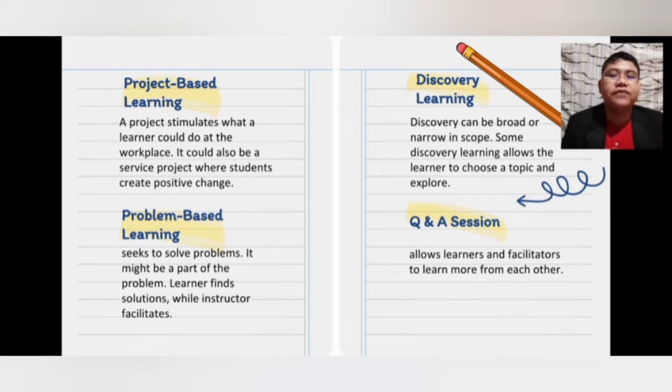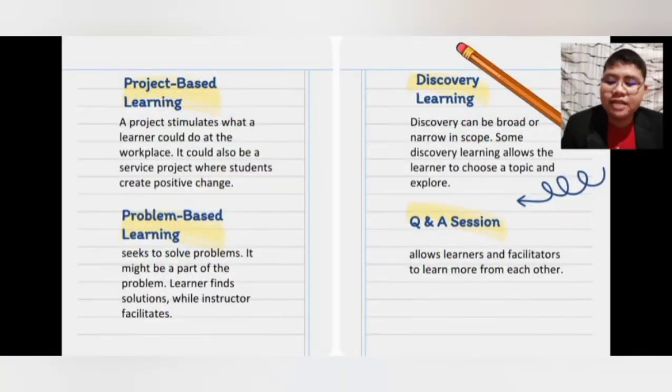For example, activities that can be applied are performing experiments and researching information, and debates can also be a good example of an activity in discovery learning. So that is my topic. Thank you for listening.